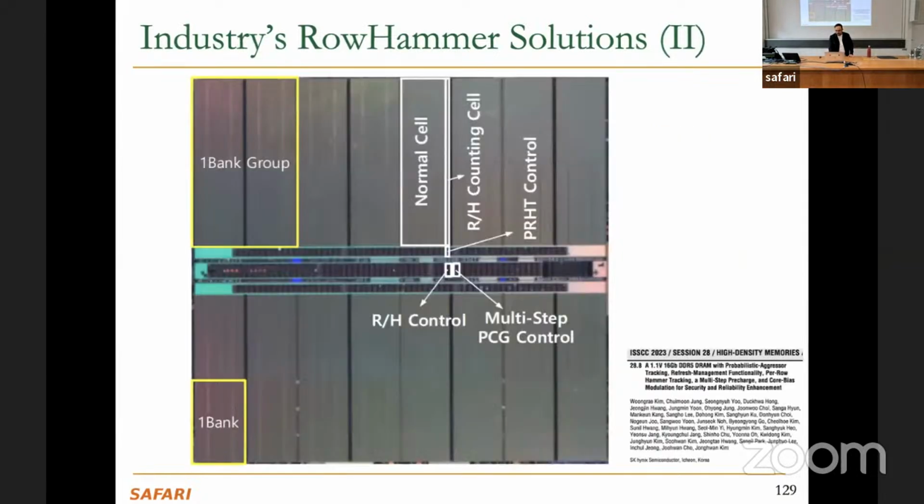I'm just going to skip this, and I show here that they even show some die picture where you have an array of normal cells, and you have some RowHammer counting cells here, and some logic here that keeps accessing these activation counters inside the DRAM chip and performing RowHammer refreshes.